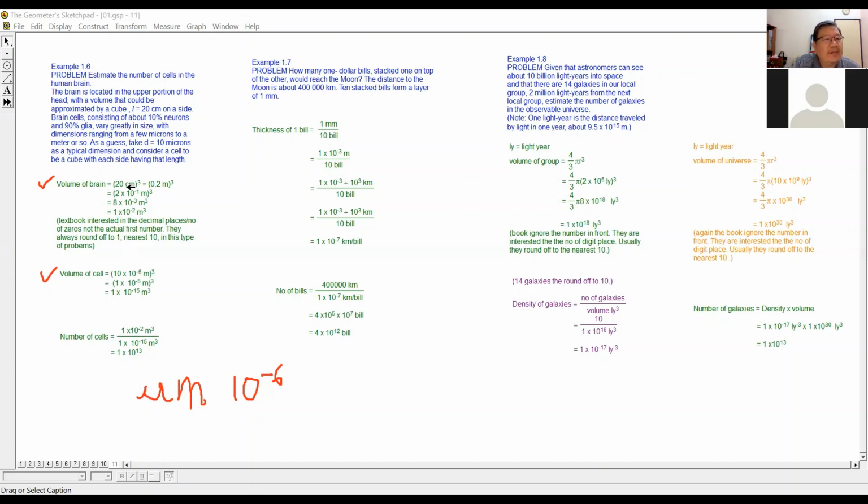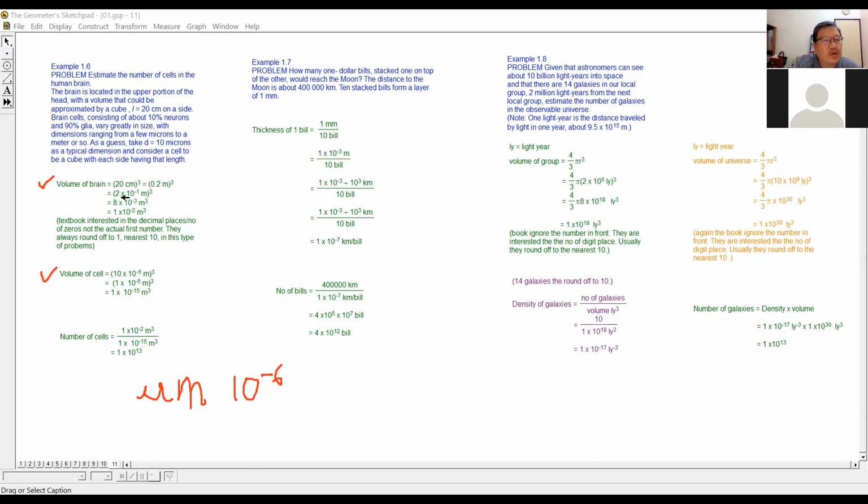So 20 cm is 0.2 meter. 20 cm cubed is 0.2 meter cubed. When we cube the number, we need to cube the units also.